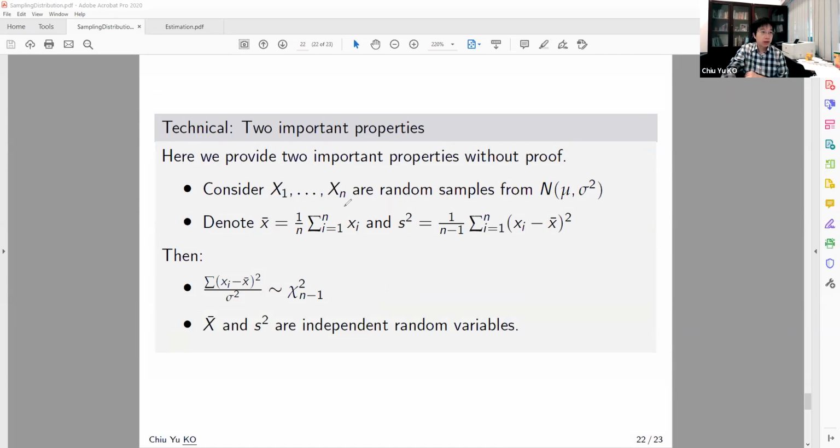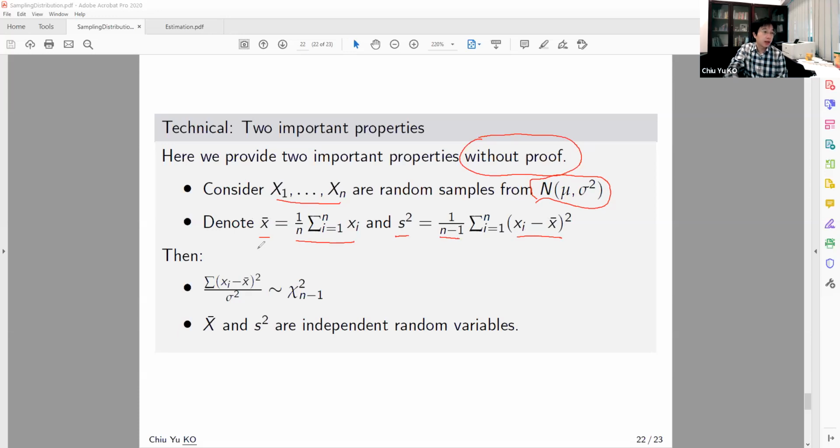We will state these two properties without proof, and these two will be the reason why this is true. The first thing is, if x1 to xn are a random sample from a normal distribution, we rely on the normal here, and x bar is the average of the observations, and the sample variance s squared is the sum of squared differences from the mean over n minus 1.